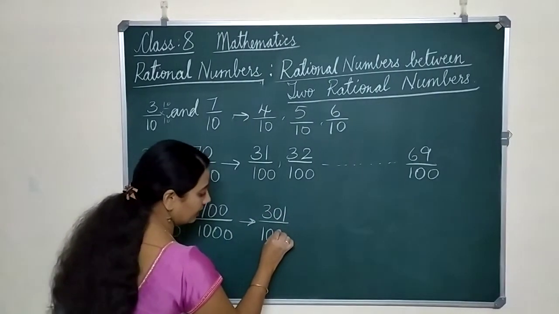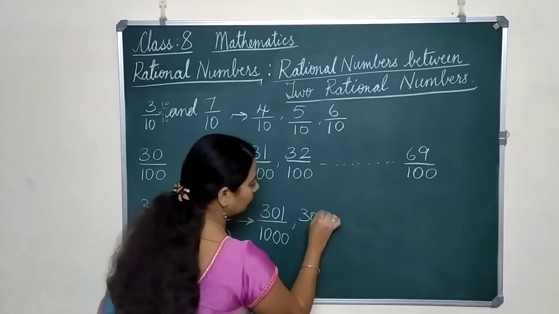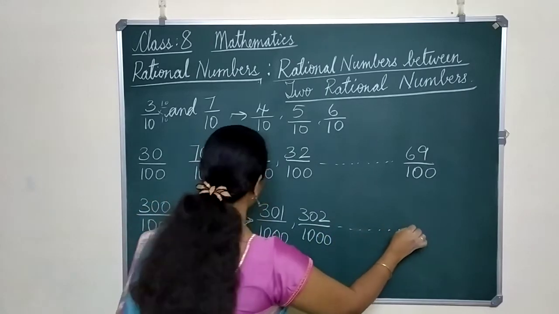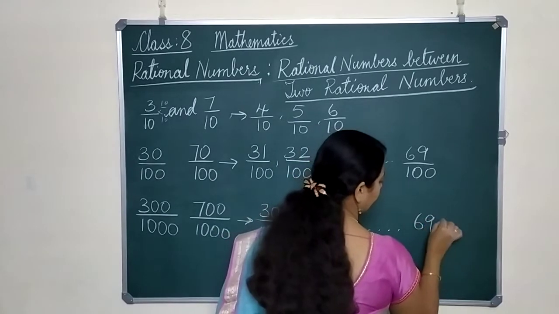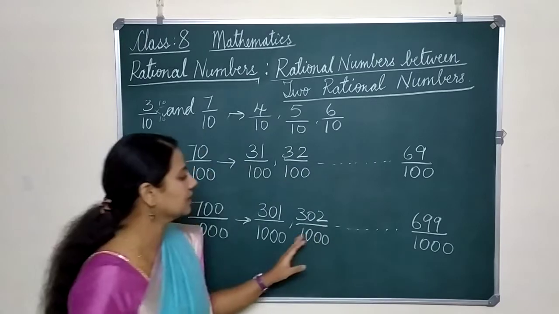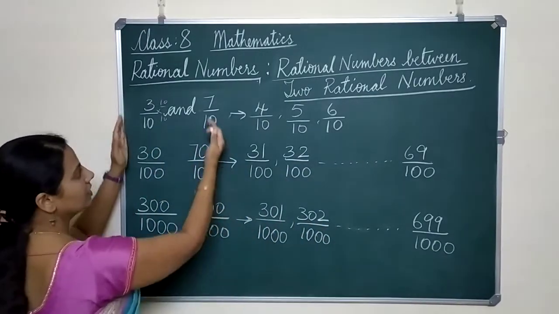So it is 301/1000, then 302/1000. Like this it goes on till 699. So all these rational numbers come in between these two numbers.